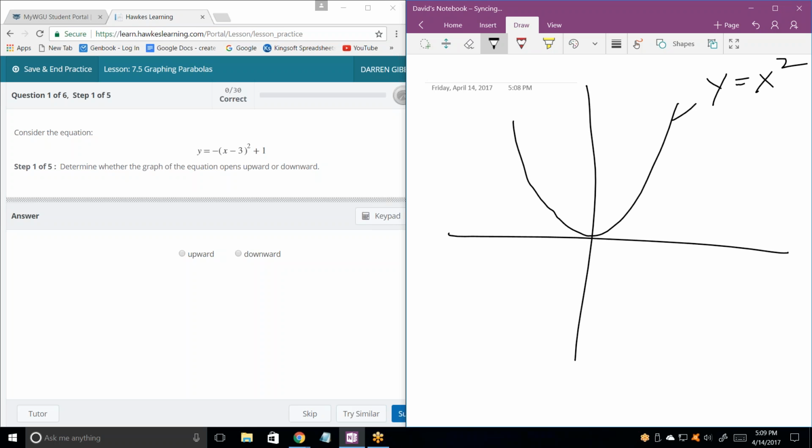Okay? There are three things going on with this function. There's a minus sign there in front. There's a minus 3 inside the parentheses, and there's a plus 1 on the end. Let's take each one of them. You always do the reflections first.